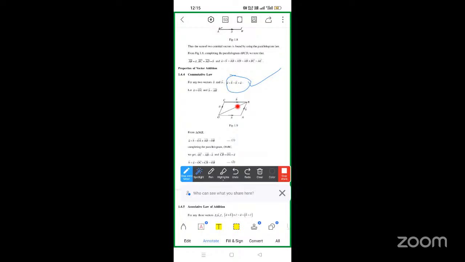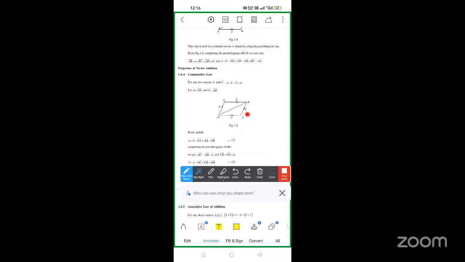So in a parallelogram, opposite sides are equal, so a plus b is equal to OB by the parallelogram law: the sum of two adjacent sides of the parallelogram is equal to its diagonal.